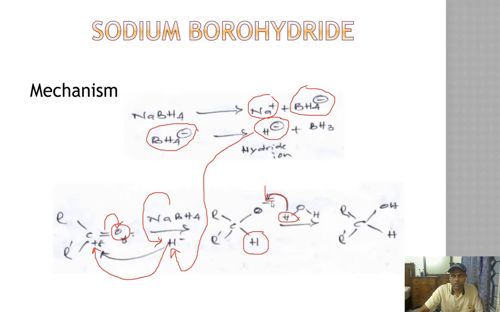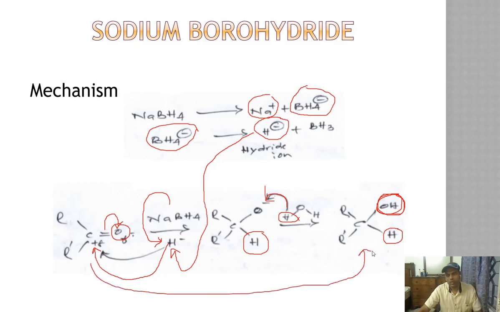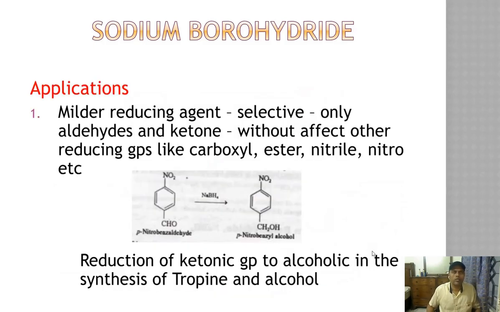So you are going to get an OH group, an alcoholic group, over here. This is how you get the hydrogen attached and the hydroxyl group attached, and that is how the ketone is converted to the alcoholic group. So that is the mechanism of reaction with sodium borohydride.